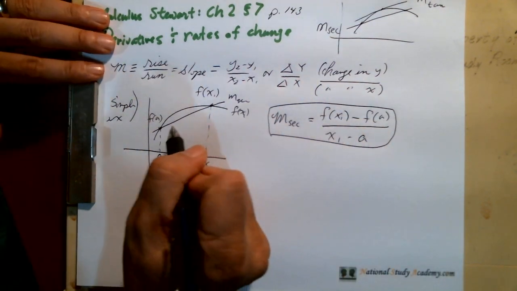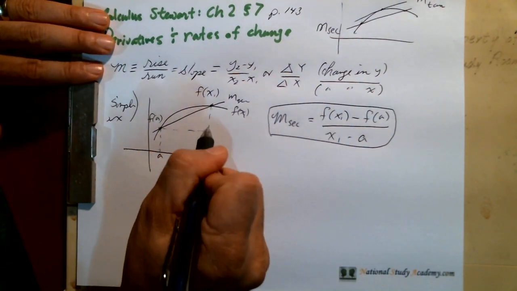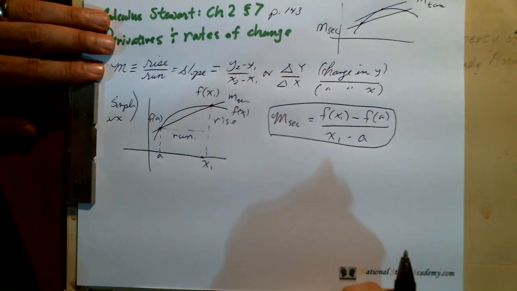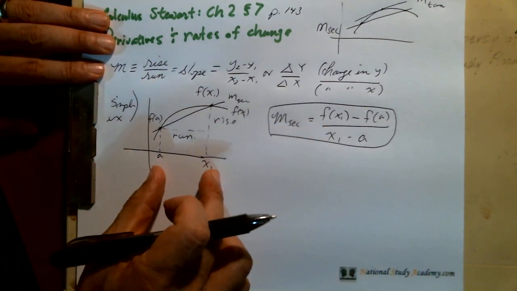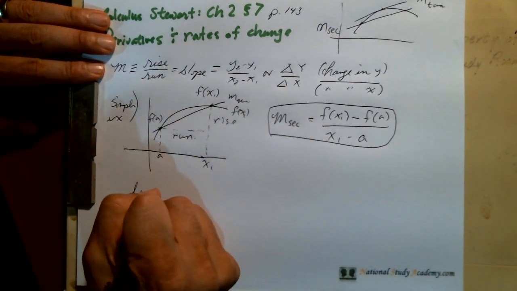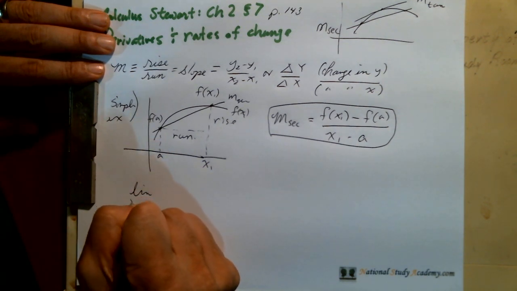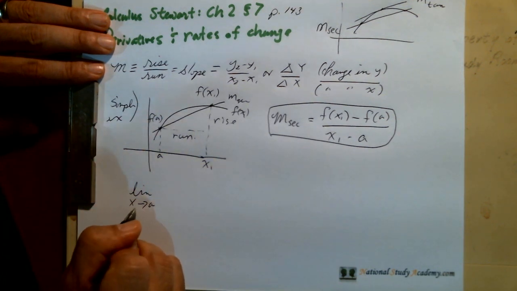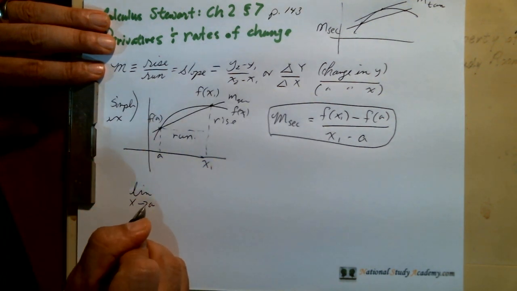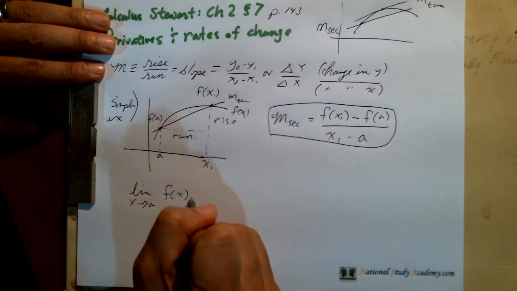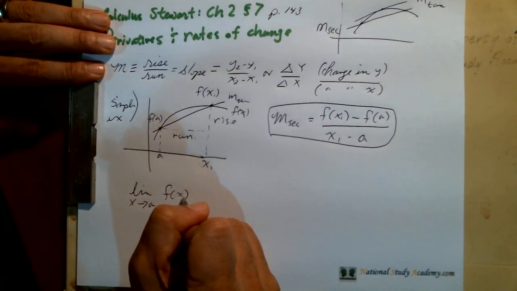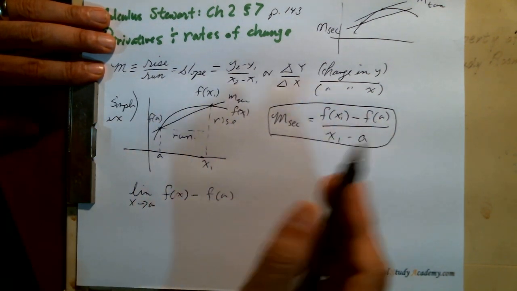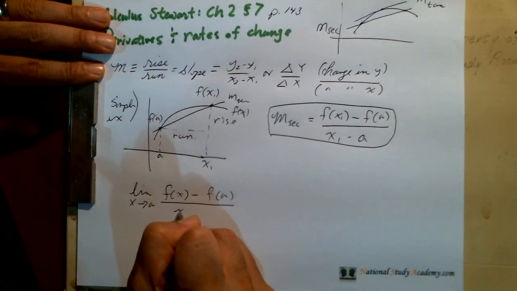You notice something right here. Make a triangle. This is your rise, and this will be your run. Okay. What happens when x1 approaches a now? We call that the limit as x approaches a. X1, I'm just going to call it x instead of x1 right here, okay? As x approaches a of f of x minus f of a, that would be kind of like the secant function, all over x minus a.